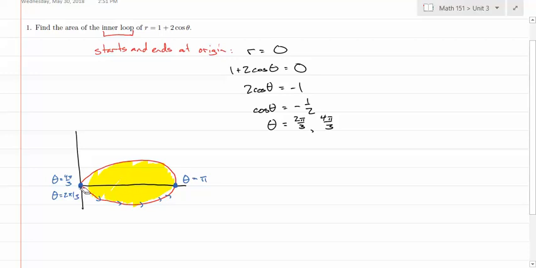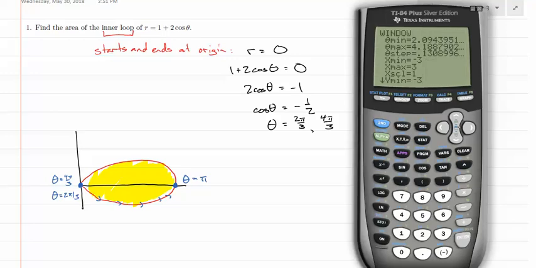So if I only integrate from 2 pi over 3 to pi, that would give me half of it. You can even verify it on here. If you go from 2 pi over 3 just to pi, that gives you just half of that inner loop. So if I use the area formula and integrate over that region, that'll give me half the area, and then I can just multiply by 2 to get the whole thing.